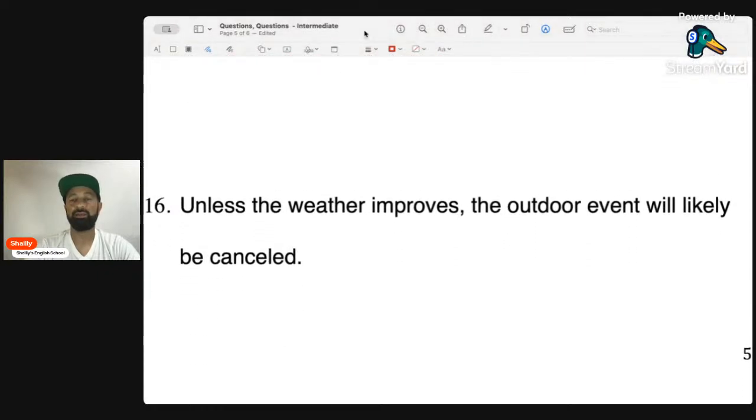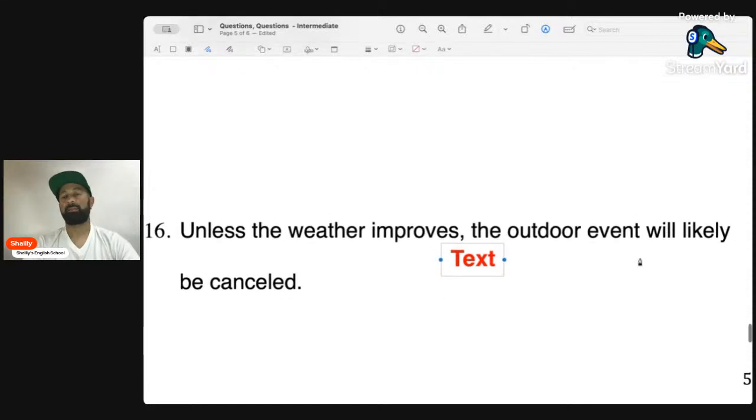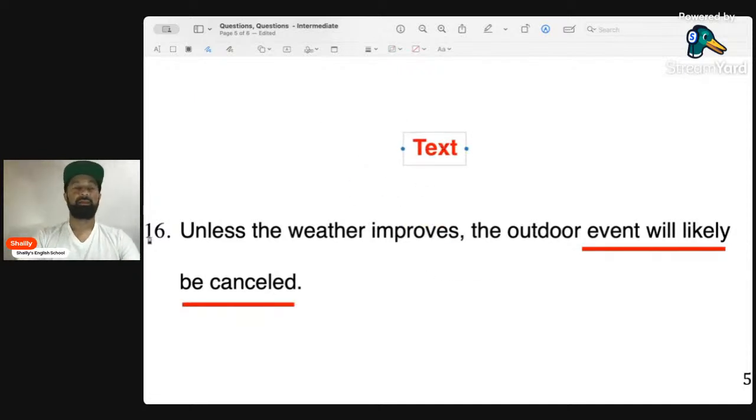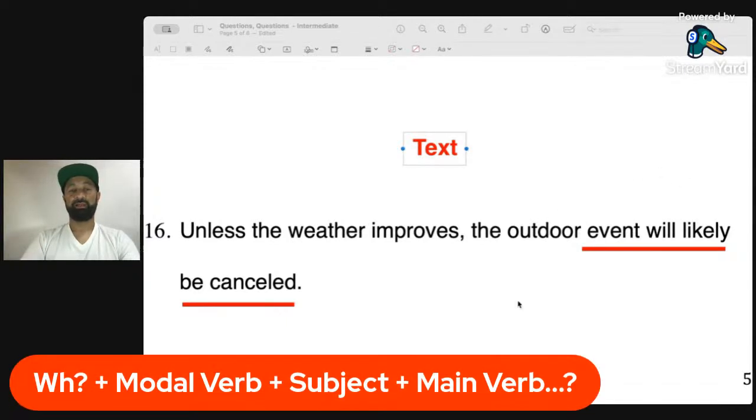Unless the weather improves, the outdoor event will likely be canceled. I think that's the answer. The event will be likely canceled. So I'm going to put back my modal verb pattern.